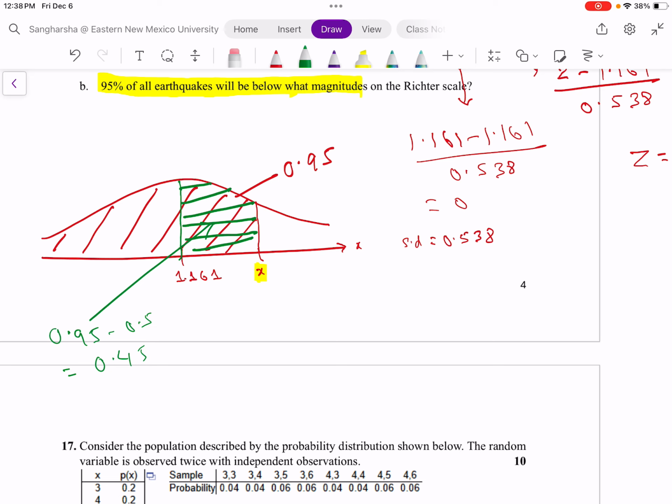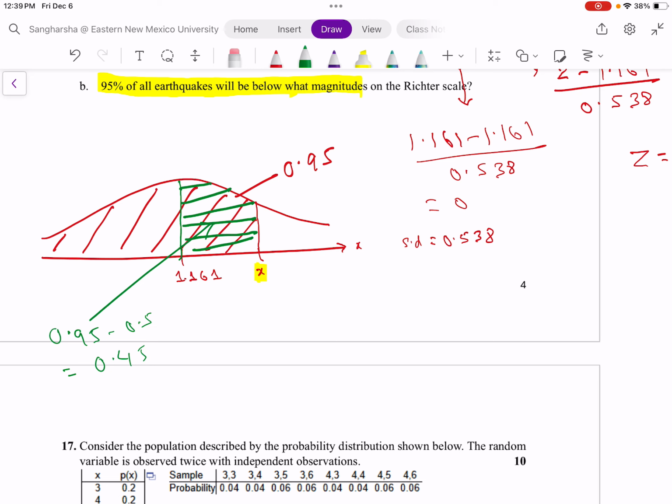Now we know the area of this region. Once we have the area, what can we find? The corresponding z value from the z table. Use the z table and look for a number very close to 0.45.